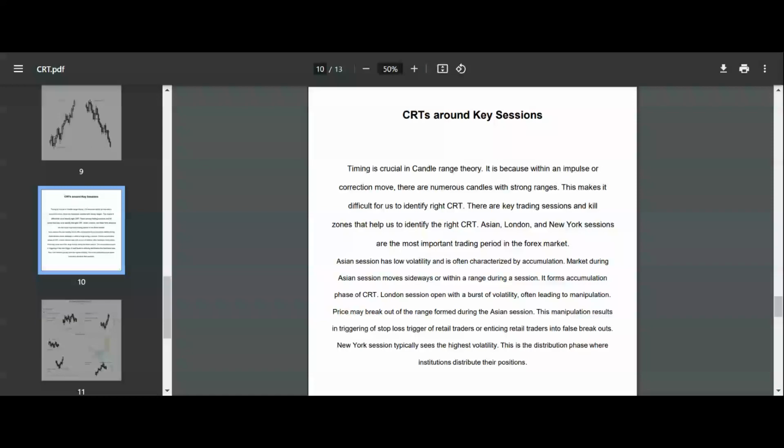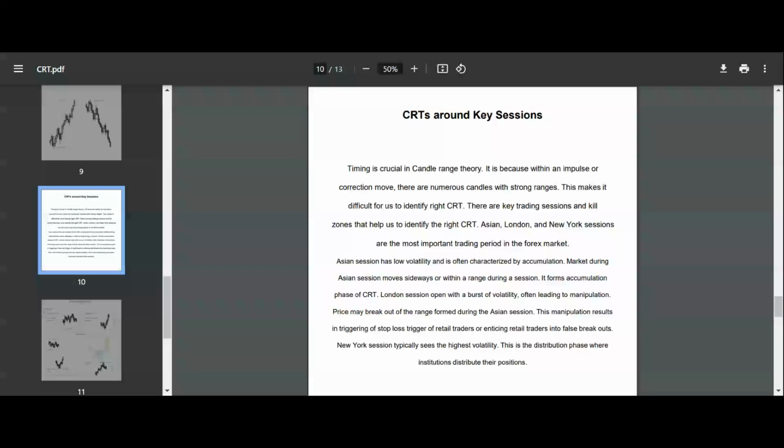Where a lot of people get it wrong is they always focus on CRT as a single candle or a three candle formation, whereas CRT should be looked at within a particular session. It could be a single candle, it could be two candles, it could be multiple candlesticks.